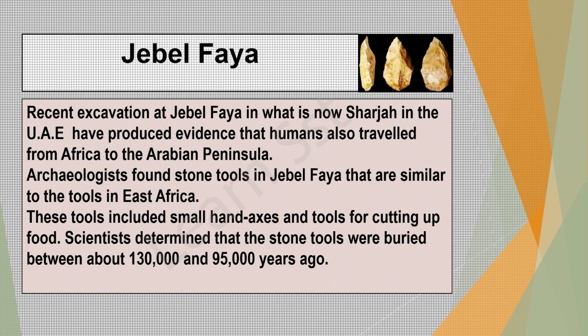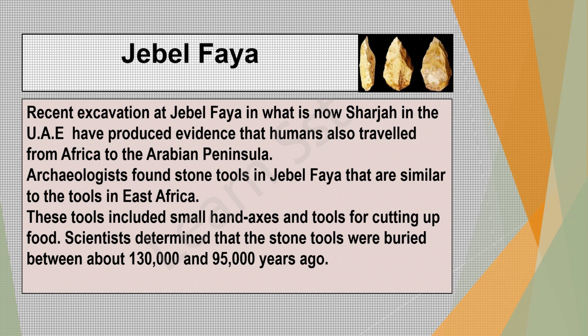So there are proofs showing that the humans also traveled from Africa to the Arabian Peninsula. So there is strong evidence over here proving that the humans once upon a time came from the region of Africa and then came to the region of Arabian Peninsula. Why? Because of the different recent excavations which were done in Jebel Faya.